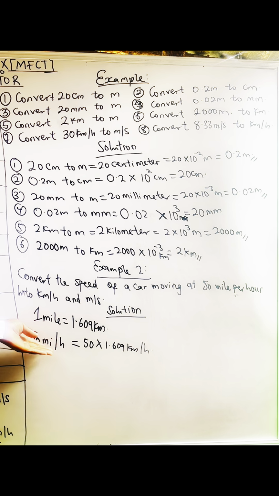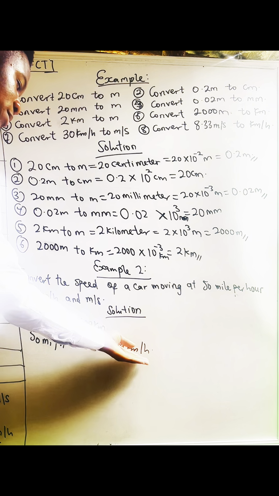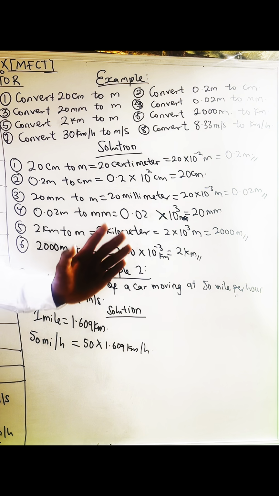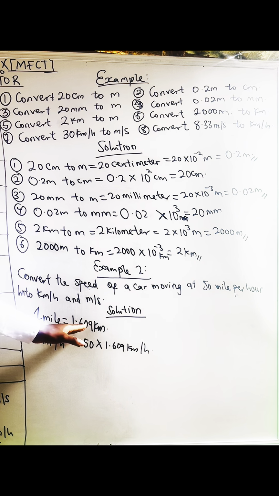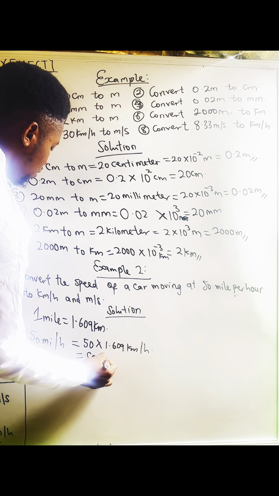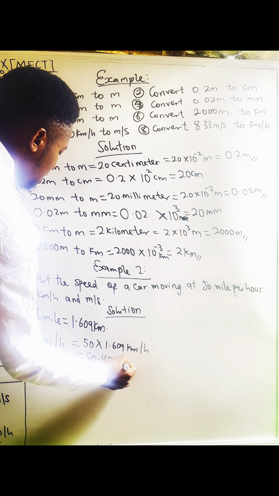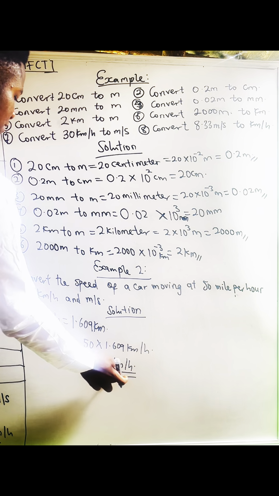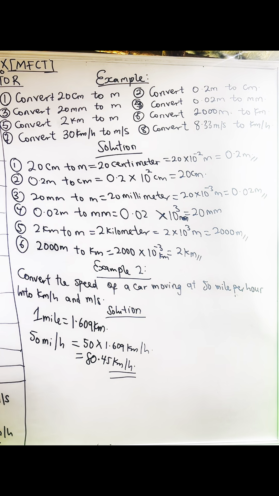So if you want to convert 50 miles to kilometer, you have to multiply by 1.609 kilometer. This is because 1 mile is equal to 1.609 kilometer. And this equals 80.45 kilometer per hour.